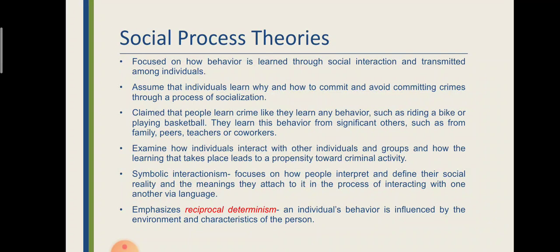In the process of socialization, there are many influencing factors that may affect your decision to commit crime or to avoid crime. This theory also claims that people learn crime like they learn any behavior, such as riding a bike or playing basketball. They learn this behavior from significant others, such as family, peers, teachers, and co-workers.